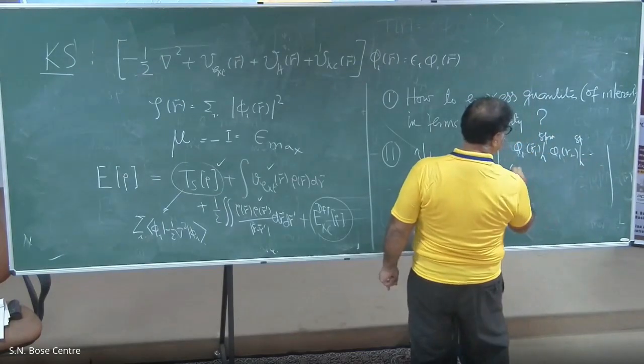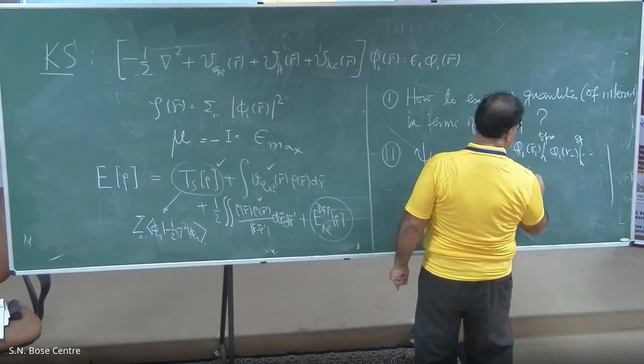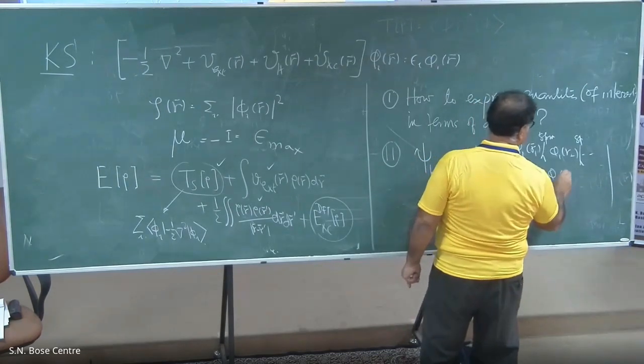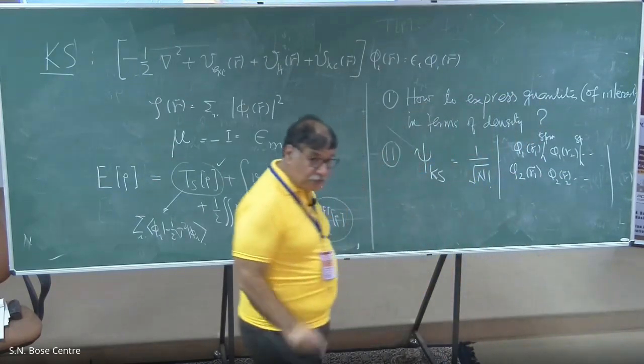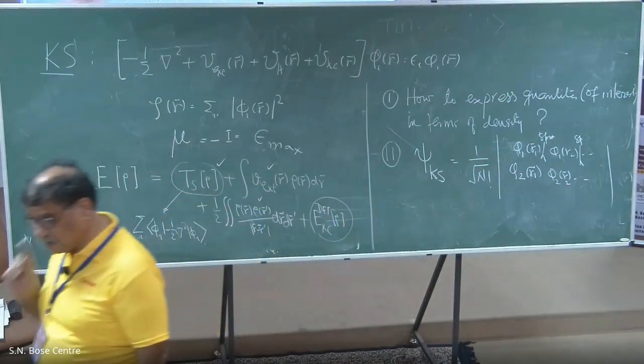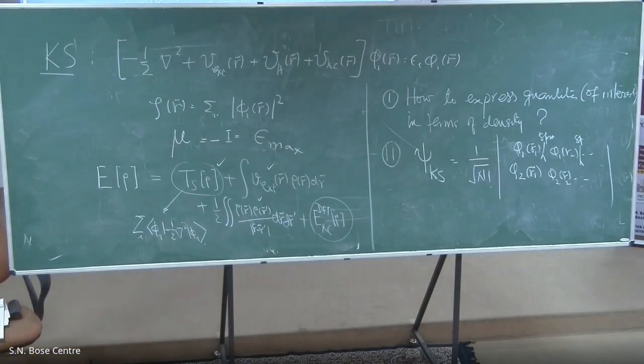I'm writing it in this form so that you understand that the wave function is formed out of these. This is not the exact wave function, it's antisymmetric already, but it is a non-interacting wave function. Whatever quantities I calculate from this are approximate. It's an approximate wave function.